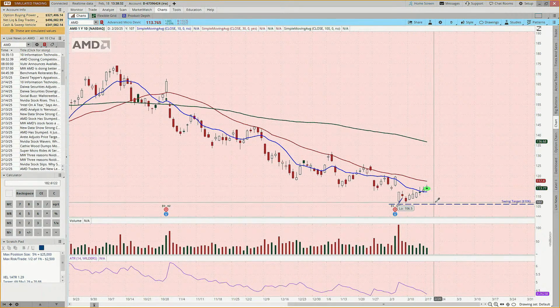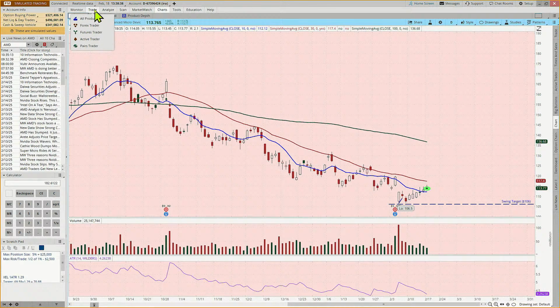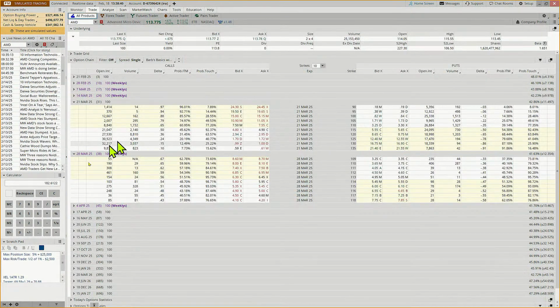We want at least 3 weeks or 21 days plus the number of days that we're going to be in the trade. And so if we come out to March 21st, do we have lots of volume on the contracts? Well, on the 110, which is what we call the at the money strike, we've got 26,000 contracts.